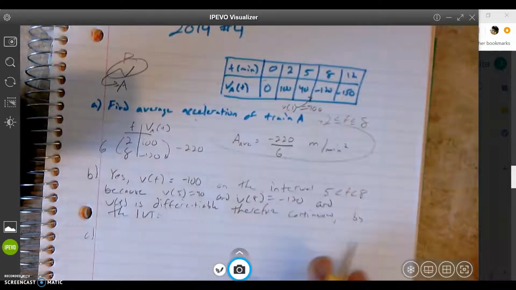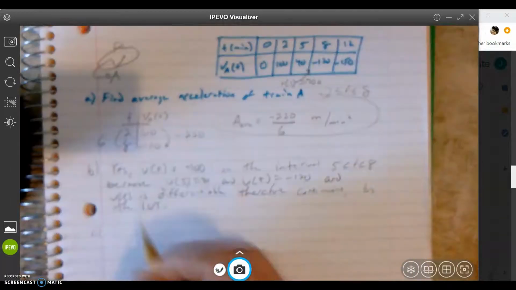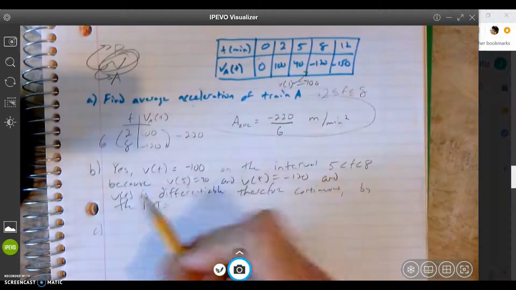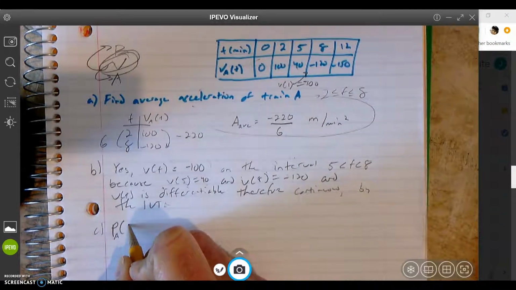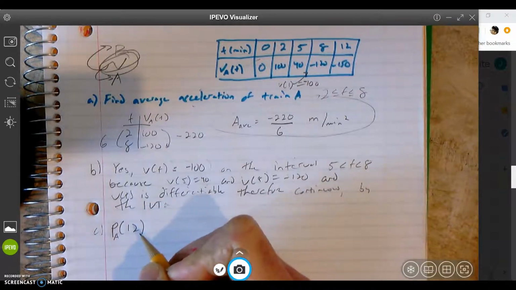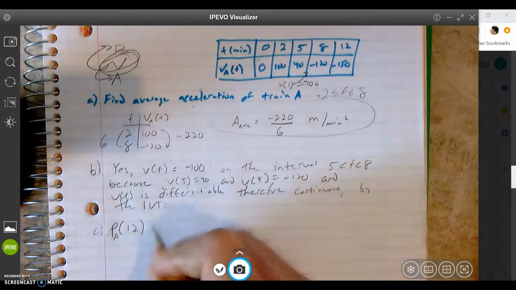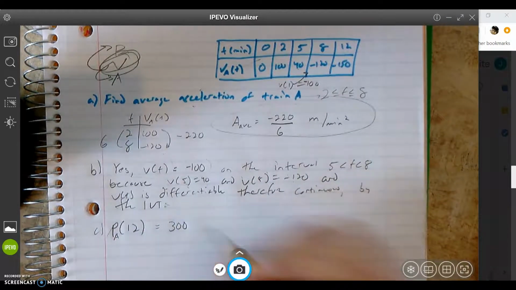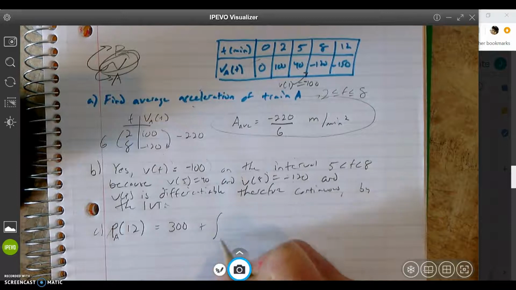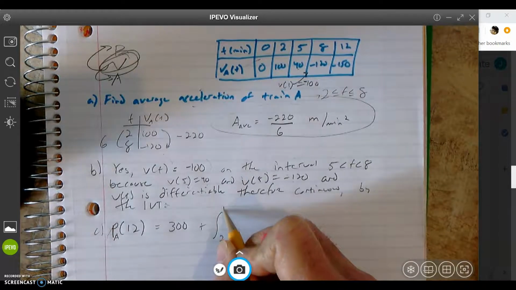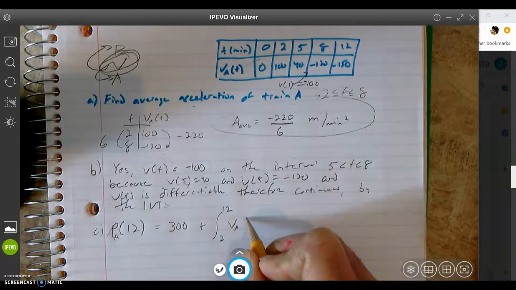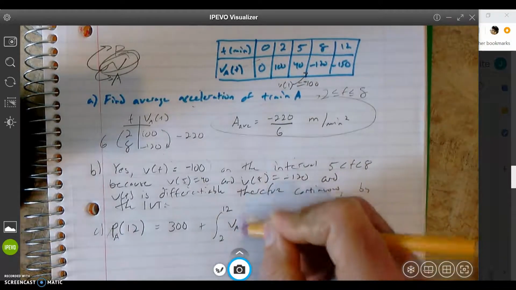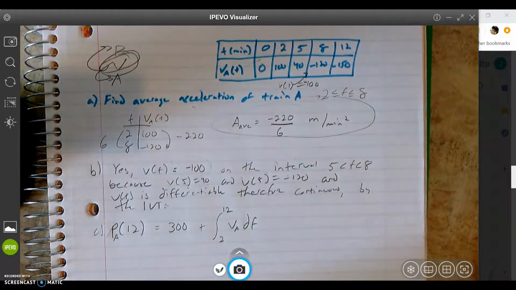So looking at this, first thing, we know that we have velocity, right? It talks about the position of the train at t equals 12. So the position of train A at time 12, you can write it like that, or you can write x, doesn't matter, for your position, equals the 300 that it already is, plus the accumulation at time 12 of v of t dt.